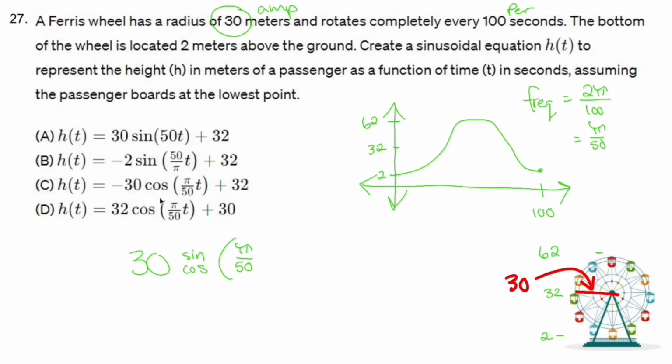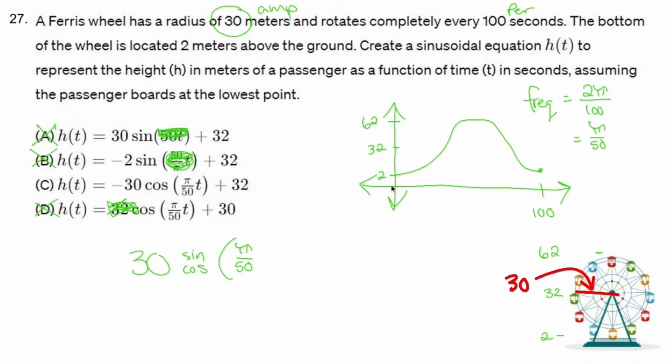Now my options start to slim down a little bit. You're not pi over 50. And you're not pi over 50. You're upside down. So it's not A or B. Okay, now I'm looking at this, and one of these is wrong. And you're clearly the one that's wrong. But why is it C? And why is it negative?